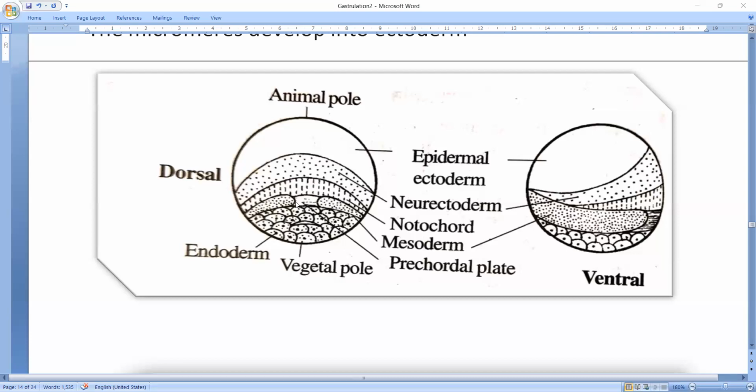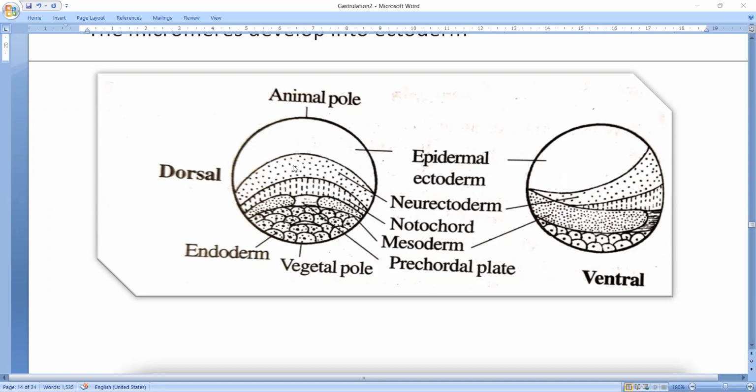Above the precaudal plate and two bands of mesoderm, the notochordal plate, separated from the mesoderm, is present. And above the notochordal area, the ectoderm is present in the earlier period.